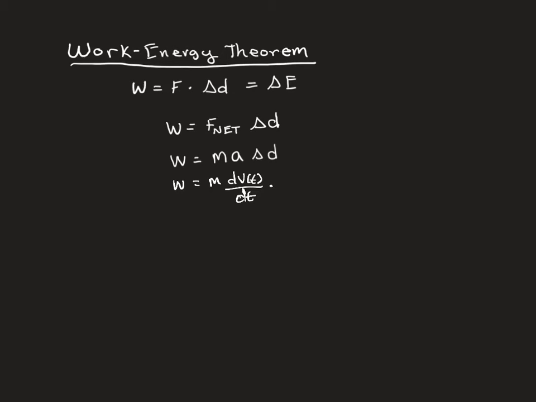And I'm going to replace delta d with a microscopic change instead of a macroscopic change. And we do that by using the lowercase d rather than a delta of a position function in terms of time. And I'm leaving these generic rather than specifying x or y. Alright, so what I'm going to do is rearrange.